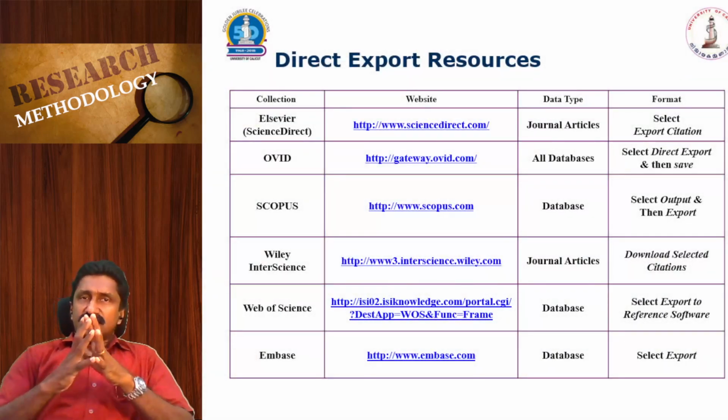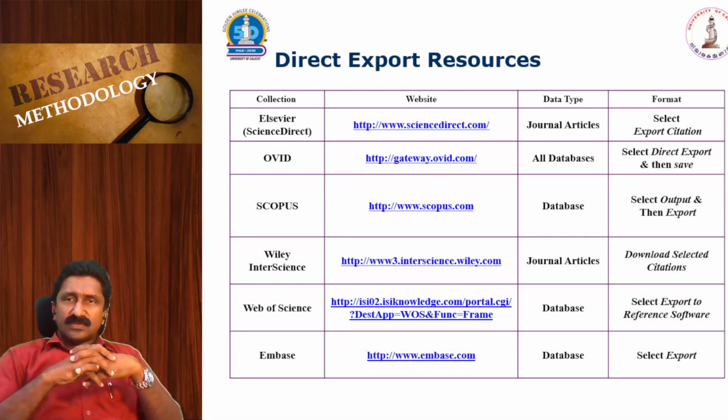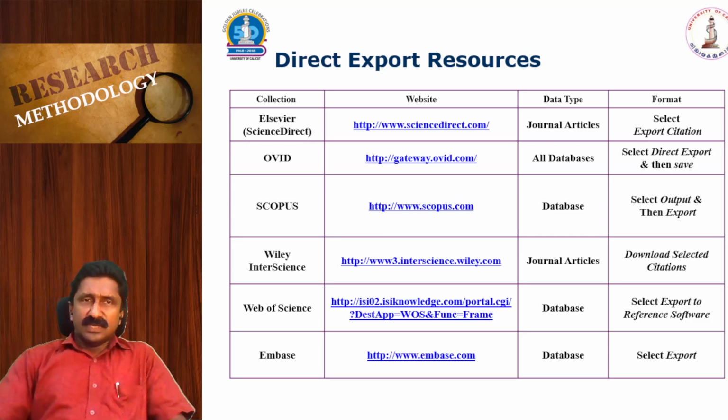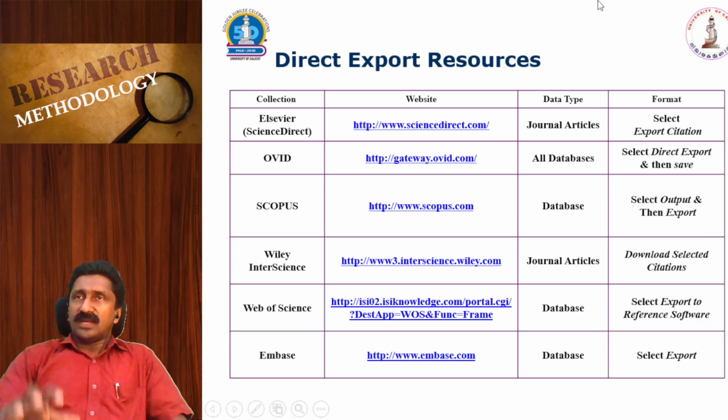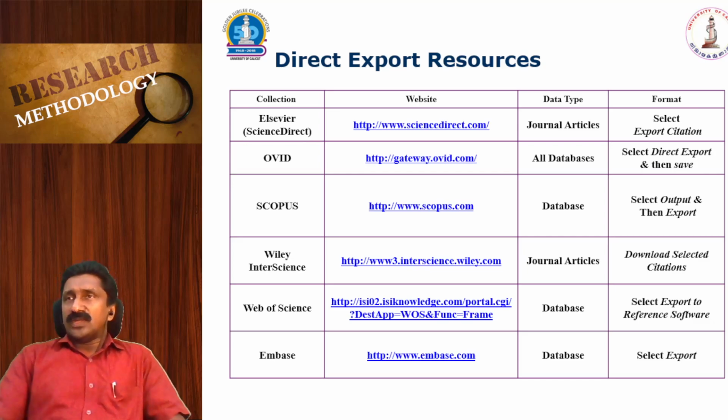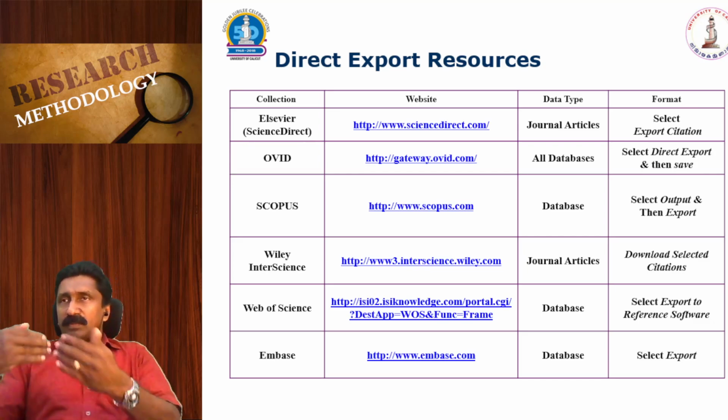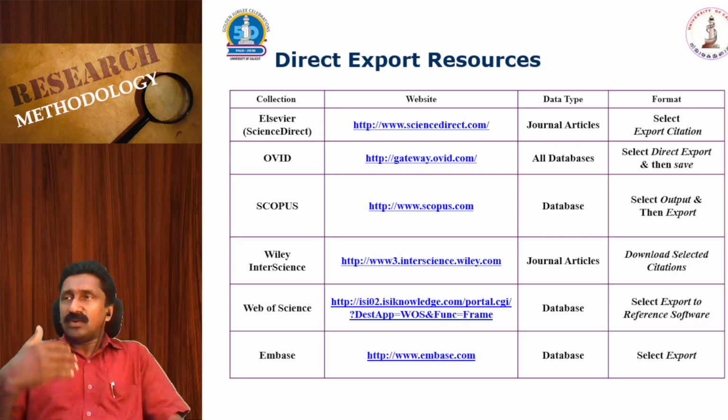Now, this is another one where you can directly go to the website and access the data in their own database: Ovid, Scopus, Wiley InterScience, Web of Science, Embase. These are all separate databases having their own collection of journal articles and their metadata. You can visit any of them and download by providing a proper query or search term.